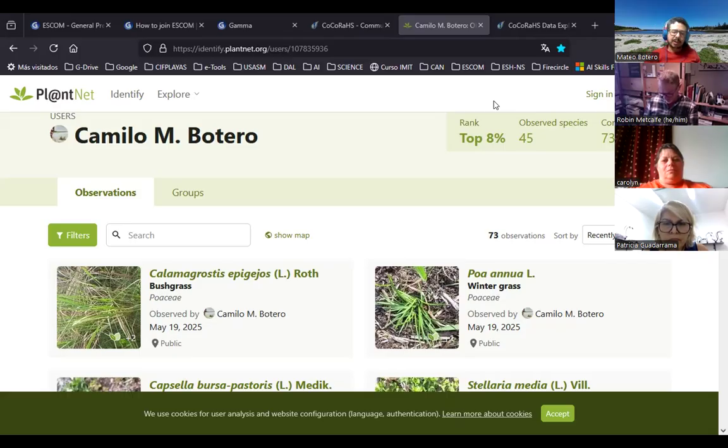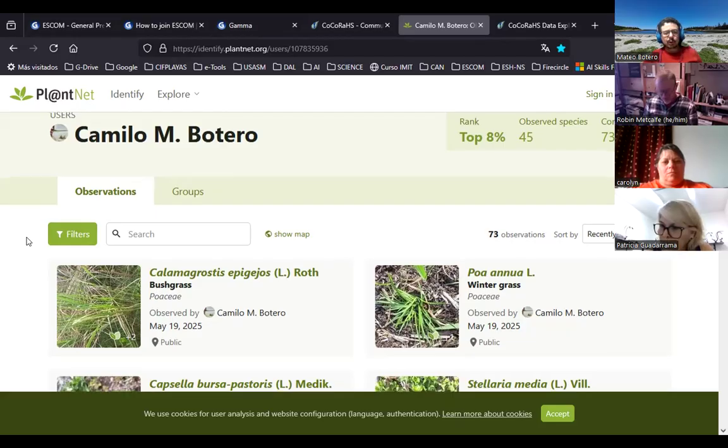Great. I'm also sharing my screen because I wanted to show you some of the species that I identified. Leon is here with us, and also Stuart and Robin, who are our PlantNet users. So you can visit all of our observations.